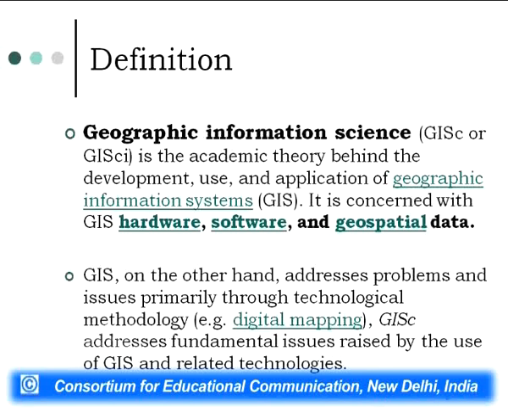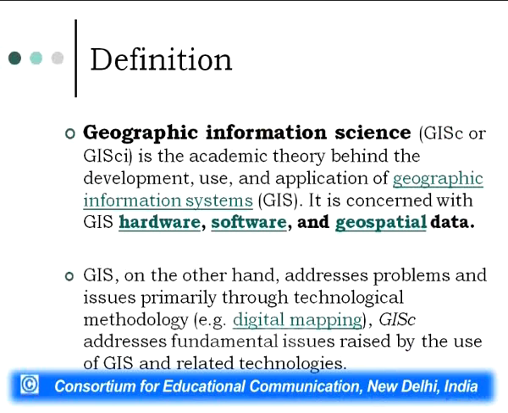But this system is a part of a broader system which is called GI science, that is, geographic information science. So geographical information science is the academic theory or concept behind the development, use and application of systems.